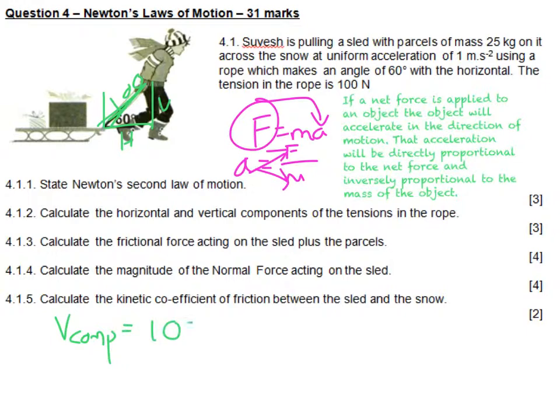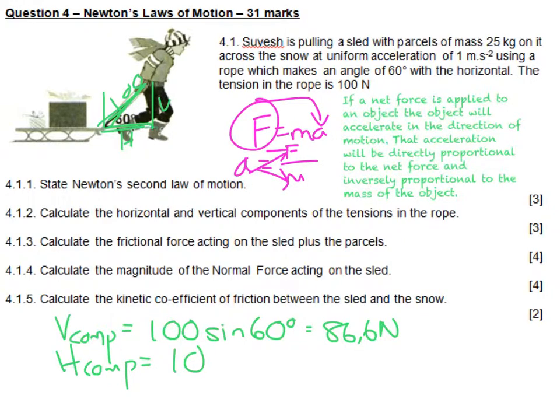So that's 100 sin 60 degrees, and that is equal to 86,6 newtons, and the horizontal component is equal to, because it is adjacent to the 60 degrees, 100 cos 60 degrees, and that is equal to 50 newtons.